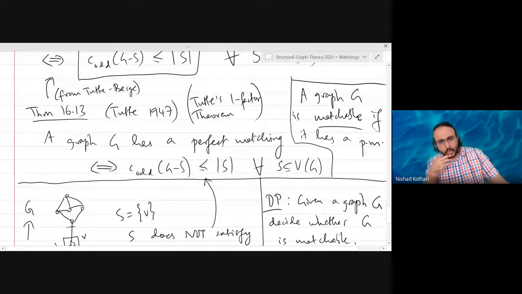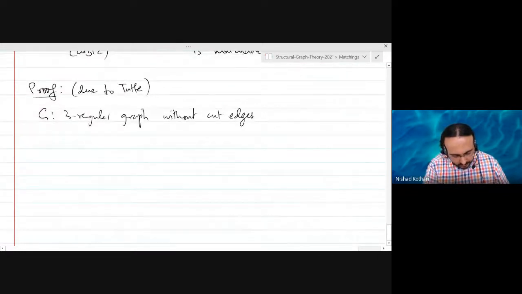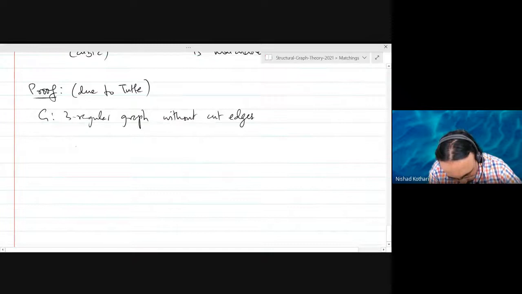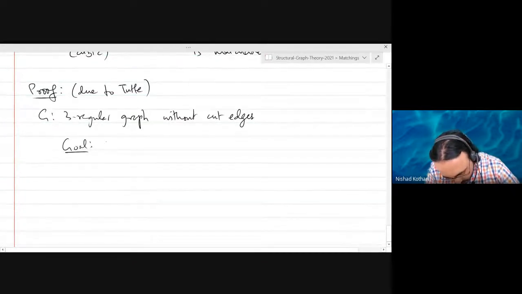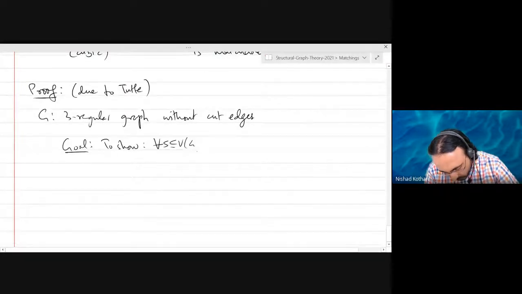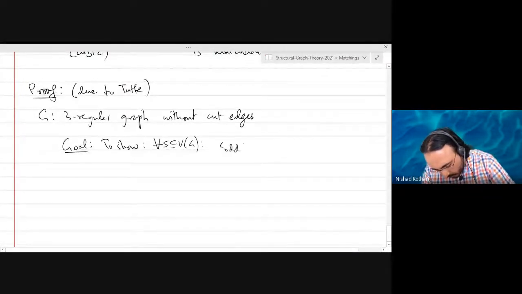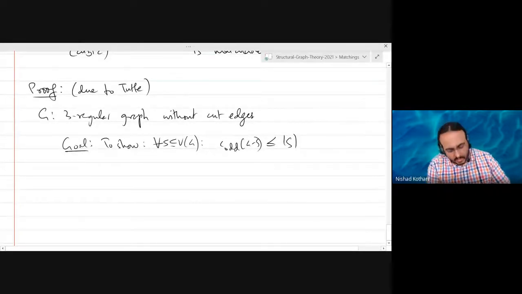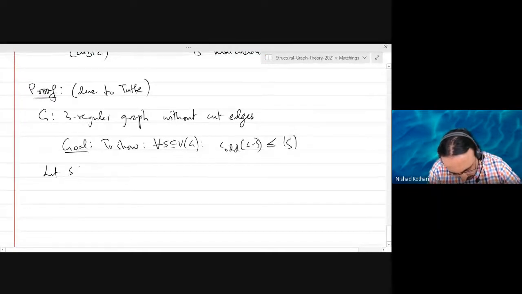We need to show that for every subset of the vertex set, the number of odd components is less than or equal to the size of the set. So let's consider any subset of the vertex set.